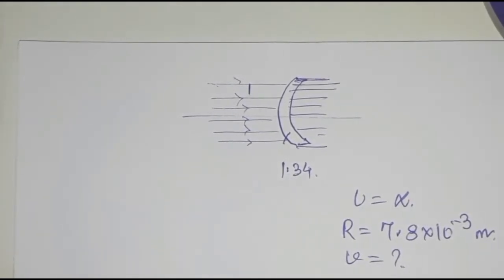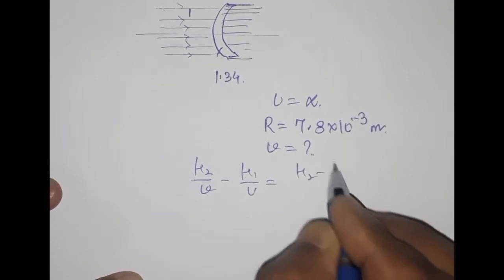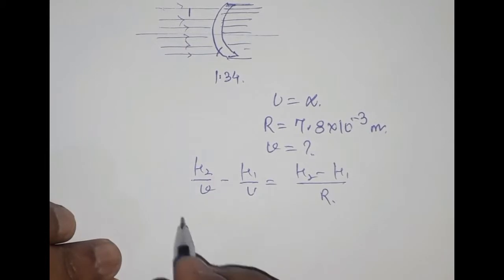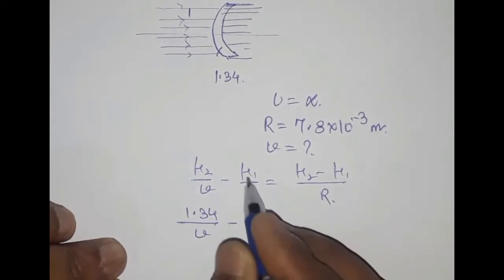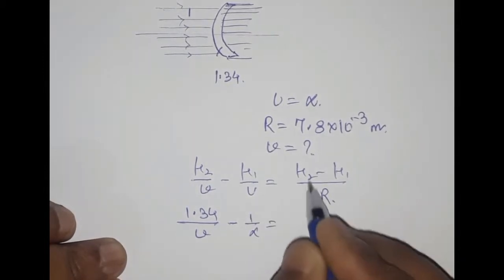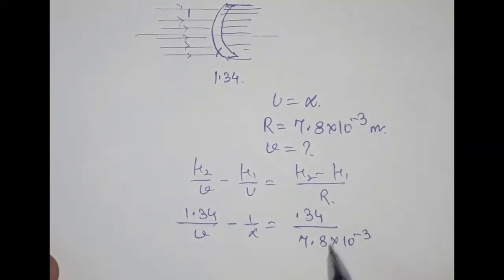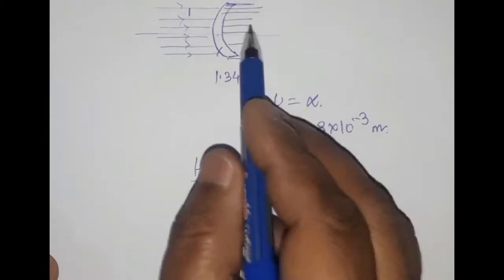Relation is simple, as we have for spherical surfaces, mu2 by V minus mu1 by U is equal to mu2 minus mu1 by R. Here mu2, in which the image will be formed, that is 1.34 by V, minus 1 by infinity, is equal to 0.34 upon 7.8 into 10 raised to power minus 3. This is positive because R will be positive, as distance is measured in the direction of the incident ray.